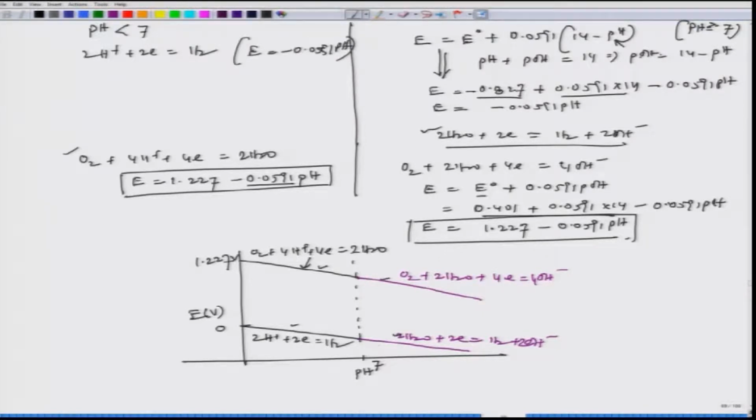For example, these two lines are merging because they have the same slope, minus 0.0591. Here also they are merging on the same line, this one as well as this one. So, here also the slope was minus 0.0591.